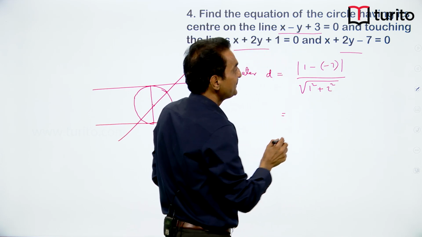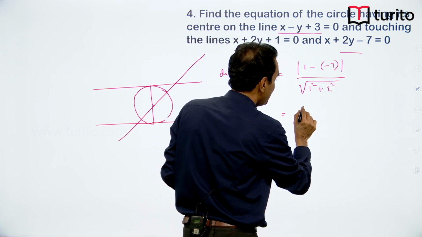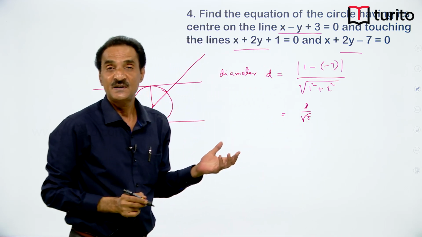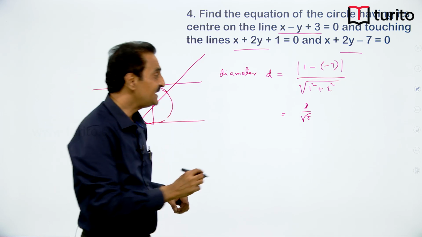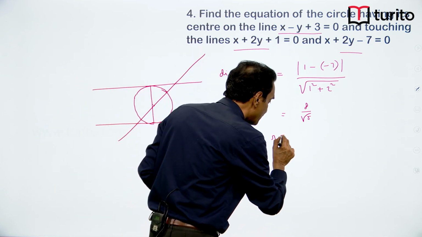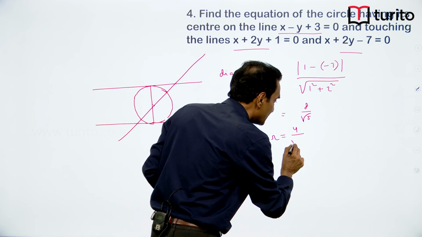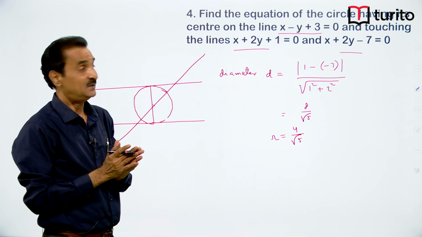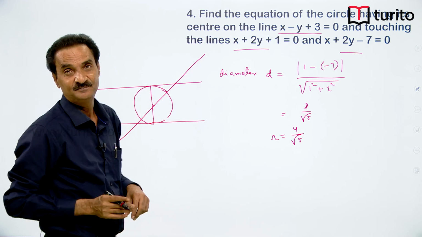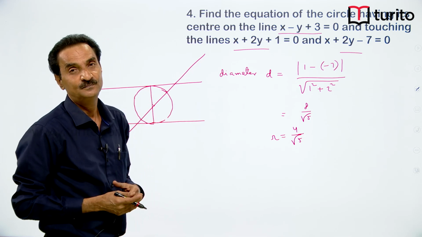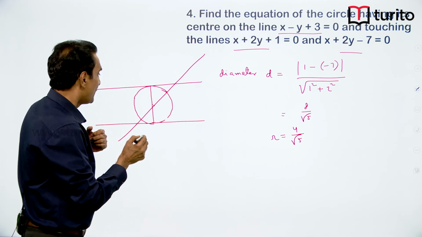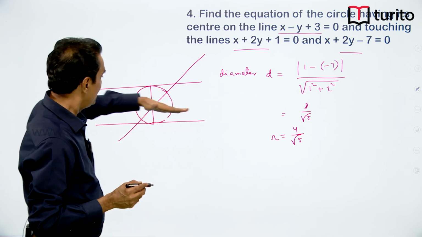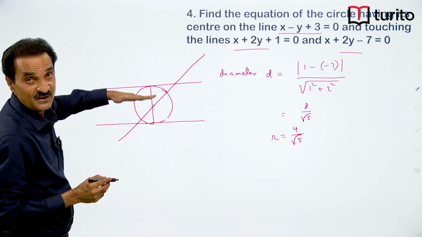What will you get? 8 by root 5. This is diameter. So, what is the radius r? Half of it, 4 by root 5. Now, I want the center of the circle. So, what to do? Now, draw a line parallel to these two lines exactly in the midway between these two lines.